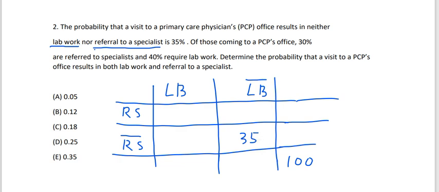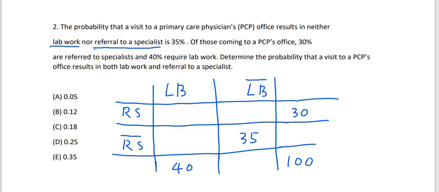Among those, 30% refer to a specialist, so this is 30%. And 40 require lab work, so we put 40 here.